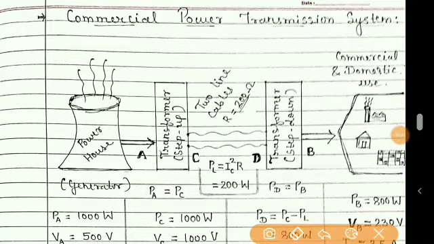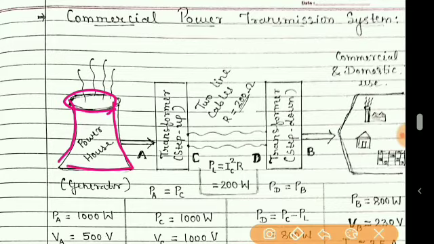Now students, this is very important to understand about the commercial power transmission system. We know that the electric power or the energy which we use at our home is also used in the factories, in the schools, etc. So that power is generated in a powerhouse.